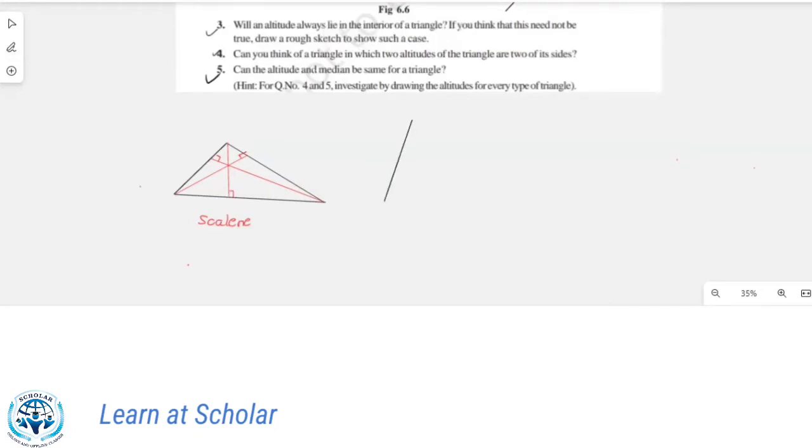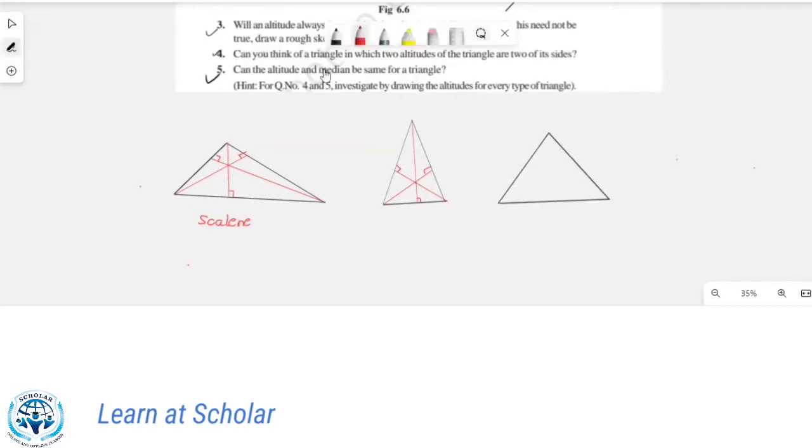The second is the isosceles triangle where two sides are equal. Again, all the three altitudes. The third is the equilateral triangle where all the three sides are equal. Again I am drawing the altitudes.